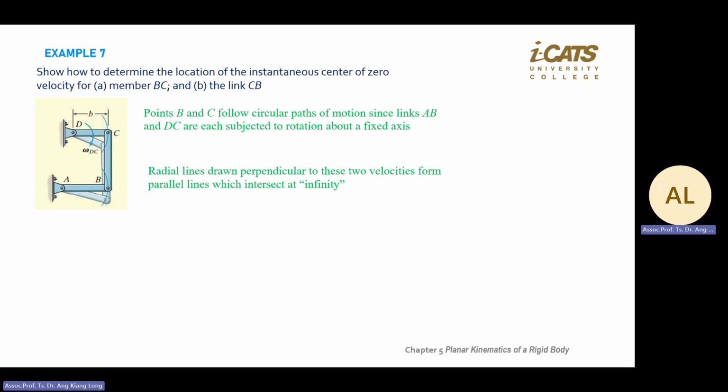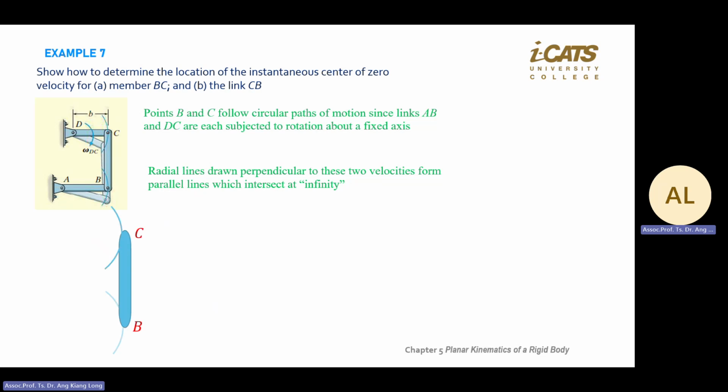This is your IC line. So there's no intersection point. We will give infinity, so there is no IC point. The answer is infinity.